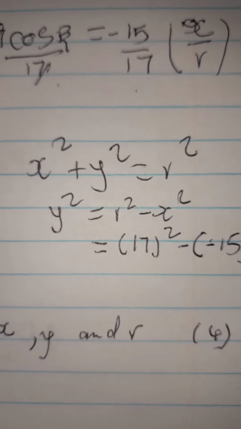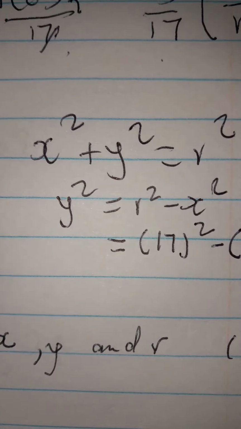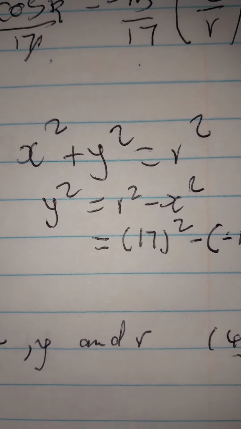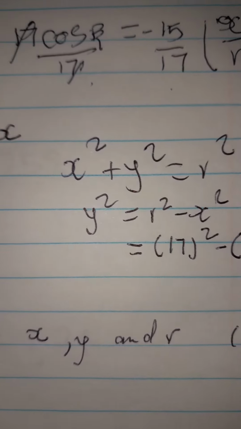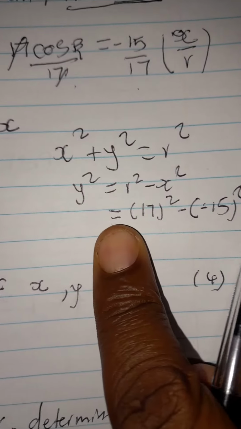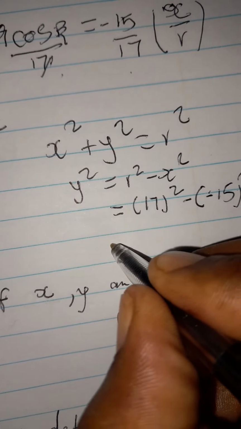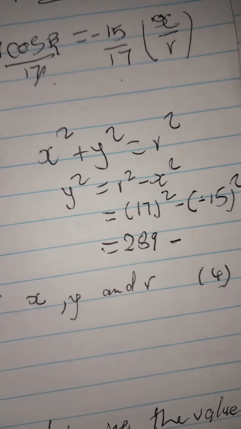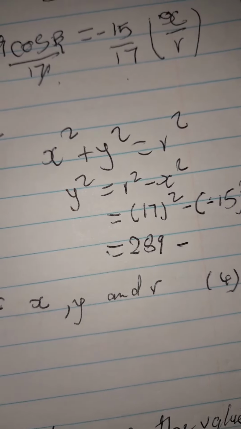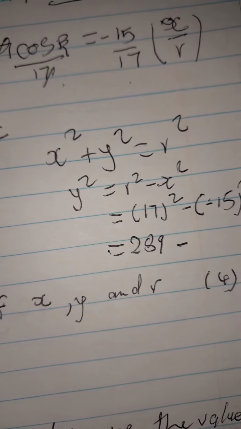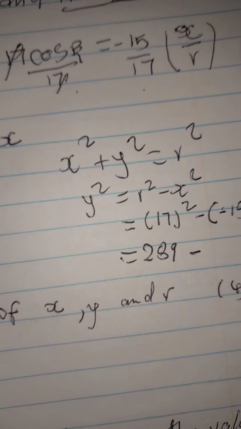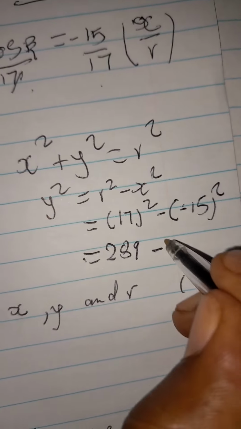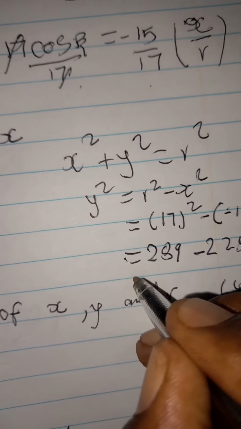So from there we can punch our calculator. 17 squared is going to be 289. What about negative 15 squared? That's going to be 225.